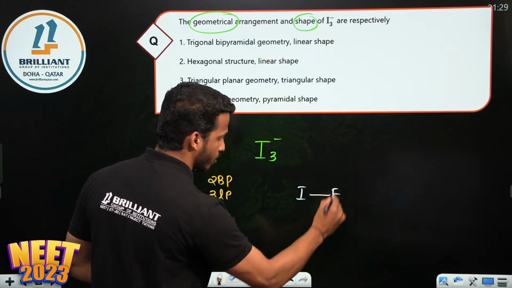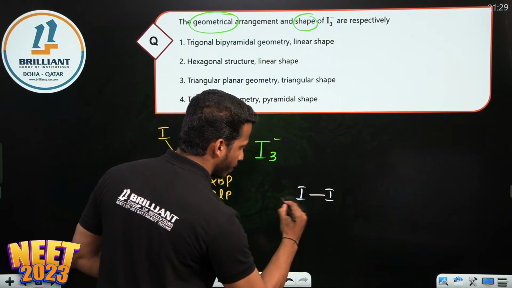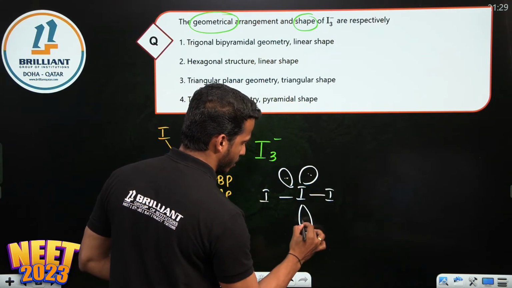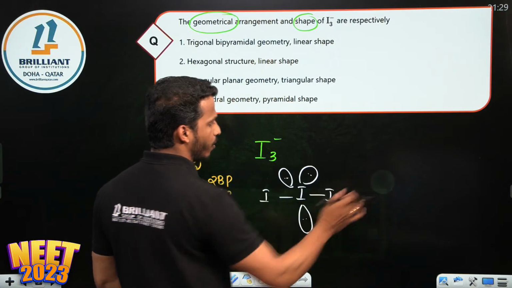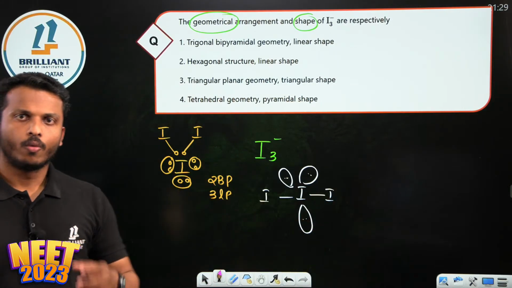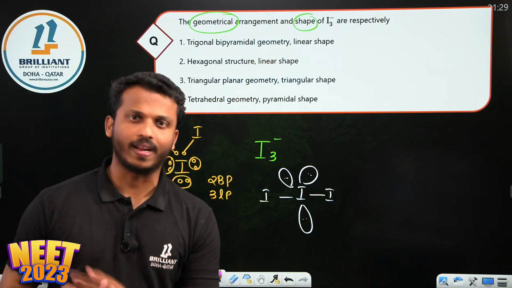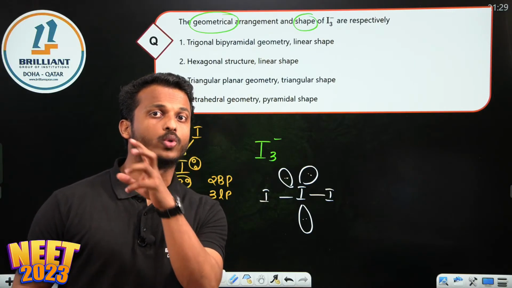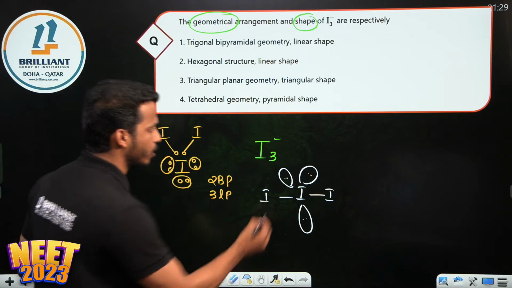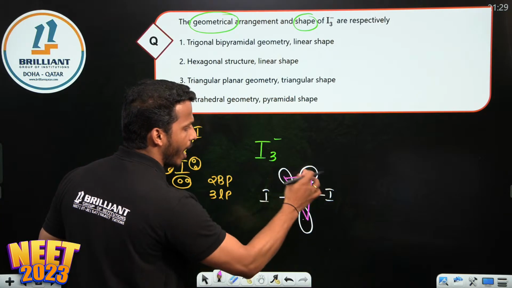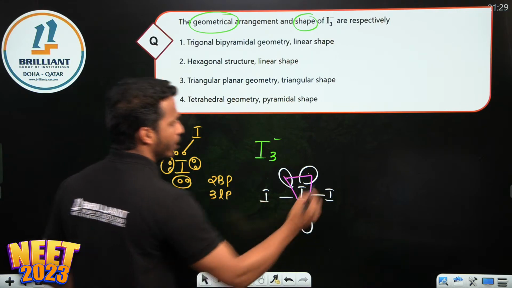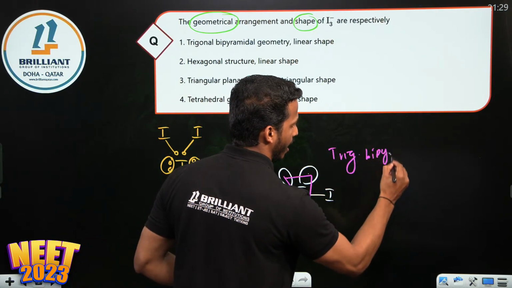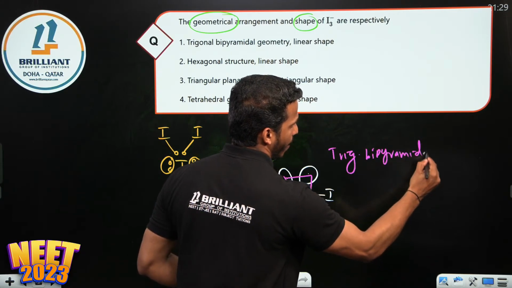Dear all, both are iodine, right? Iodine, and 3 lone pairs like this. Dear all, what is the difference between shape and geometry? When you calculate the geometry, you have to consider both bond pairs and lone pairs, how they are located. You can see it is just like a trigonal bipyramidal. So geometry is trigonal bipyramidal.